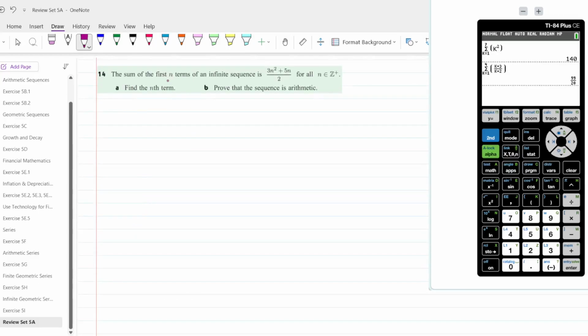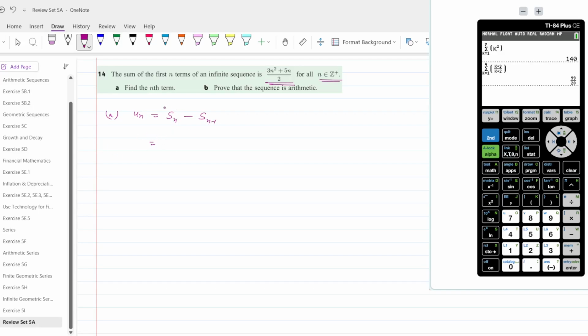The sum of the first n terms of an infinite sequence is this, where n is a set of positive integers. So the value of n is going to be 1, 2, 3, 4, and so on. Find the nth term. Can we say the nth term is going to be sum of n terms minus sum of n minus 1 terms?